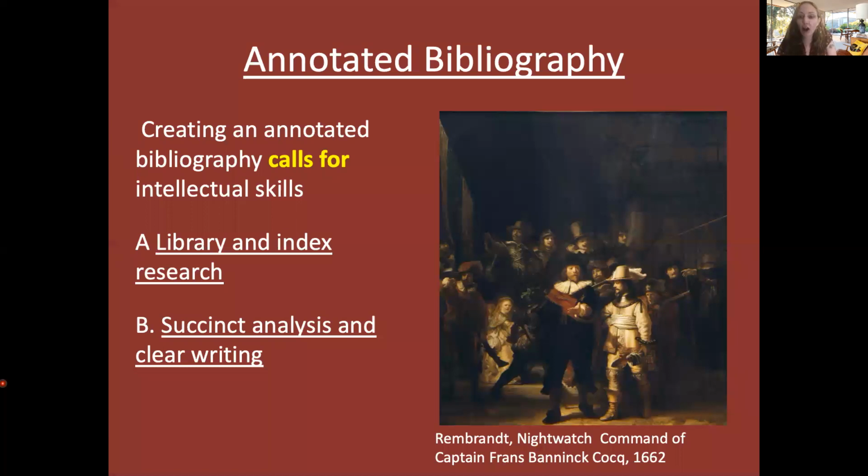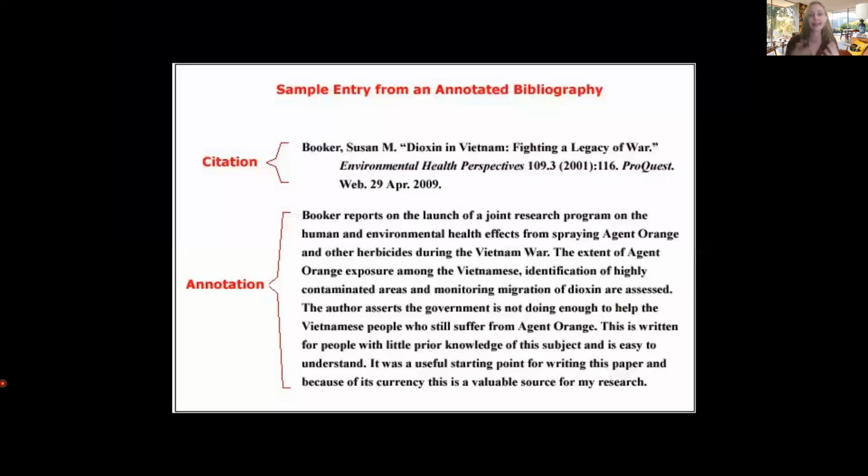So it really calls for intellectual skills. You have to use indexes and libraries, as well as being able to succinctly analyze what you're looking at. So a basic bibliography looks like this. You have your bibliographic citation, and this is a book about Vietnam, and I think it ends up being about Agent Orange.